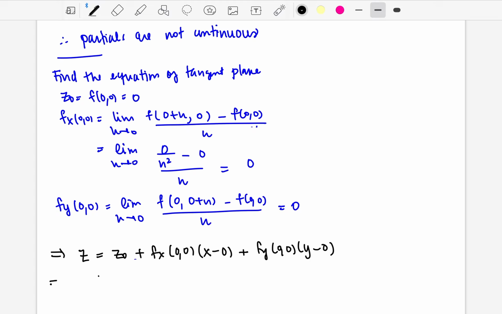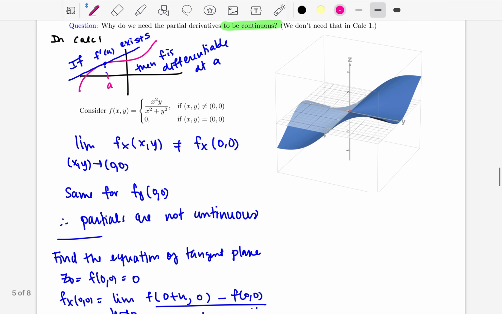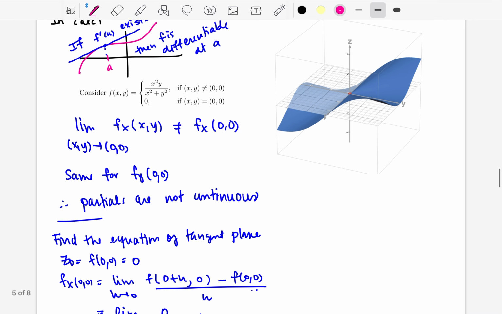So the equation of the tangent plane is, well, this is 0, and this is 0, and this is 0. So you get z equal to 0. What this is saying is that I can approximate my surface at 0, 0 with the plane z equals 0. So this is just here on the xy axis.